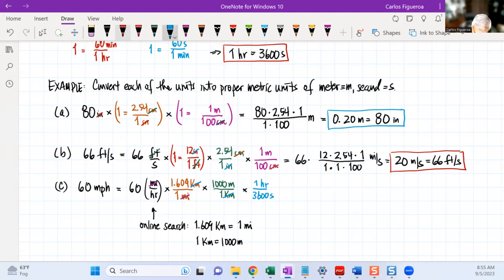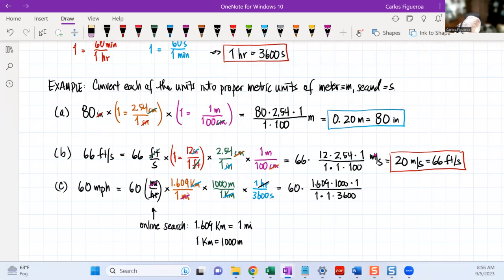If I look at this, you can see that the hours here cancel with the hours there. So now I can multiply everything together. This will be 60 times 1.609 times 1,000 times 1 divided into 1 times 3,600.